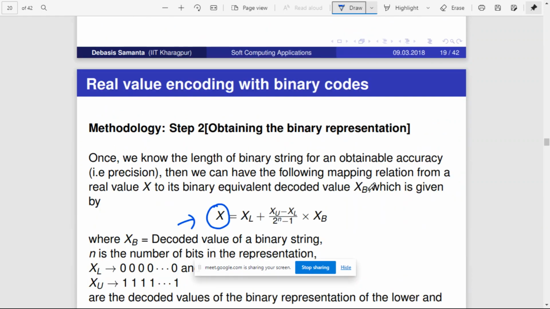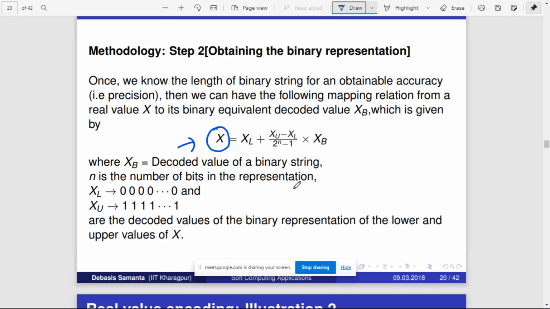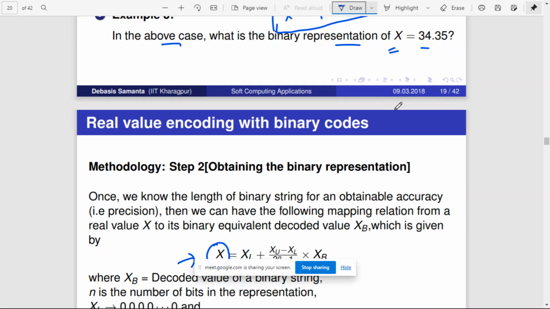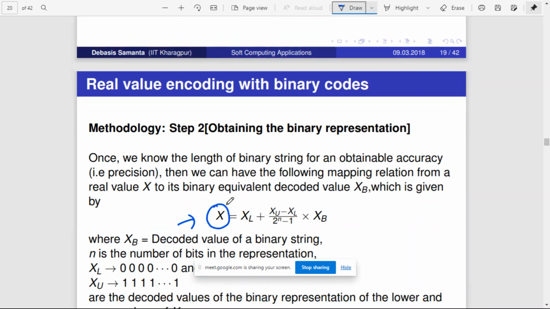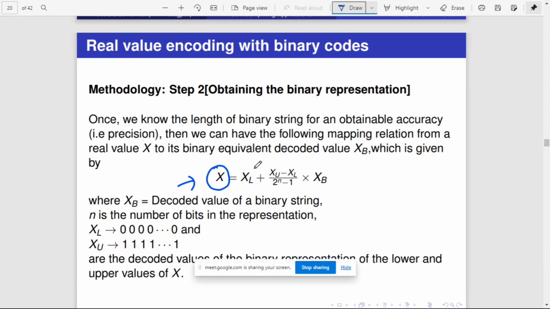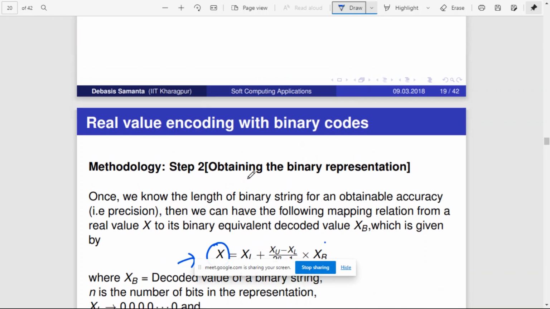This can be specified through this equation: x is equal to xl plus (xu minus xl) divided by 2 to the power n minus 1, into xb. Here x is given, 34.35 is x. xl you know, xu you know, xb is the one we have to find. So we have to just plug into this equation.